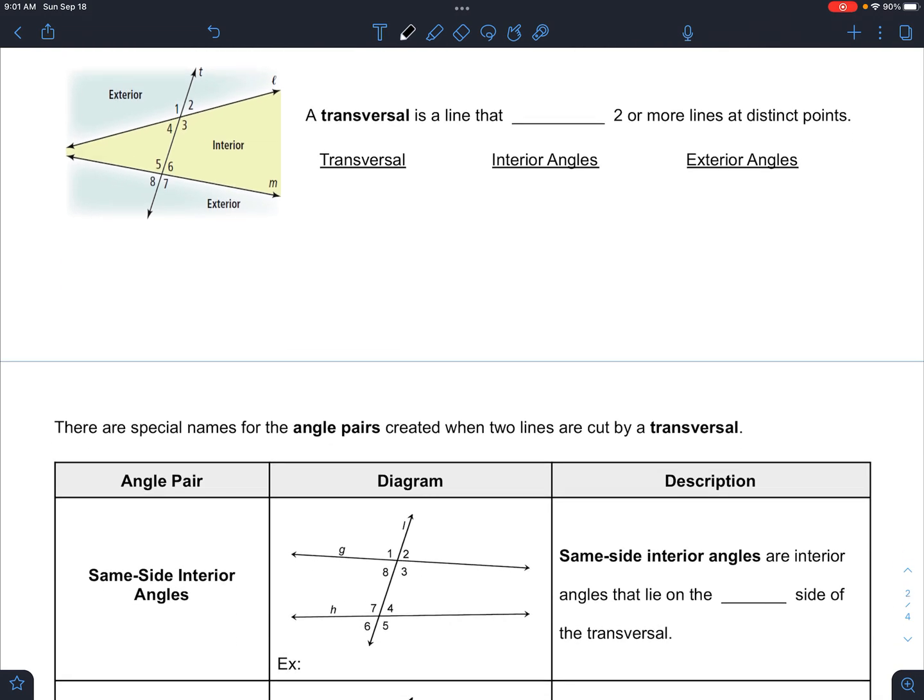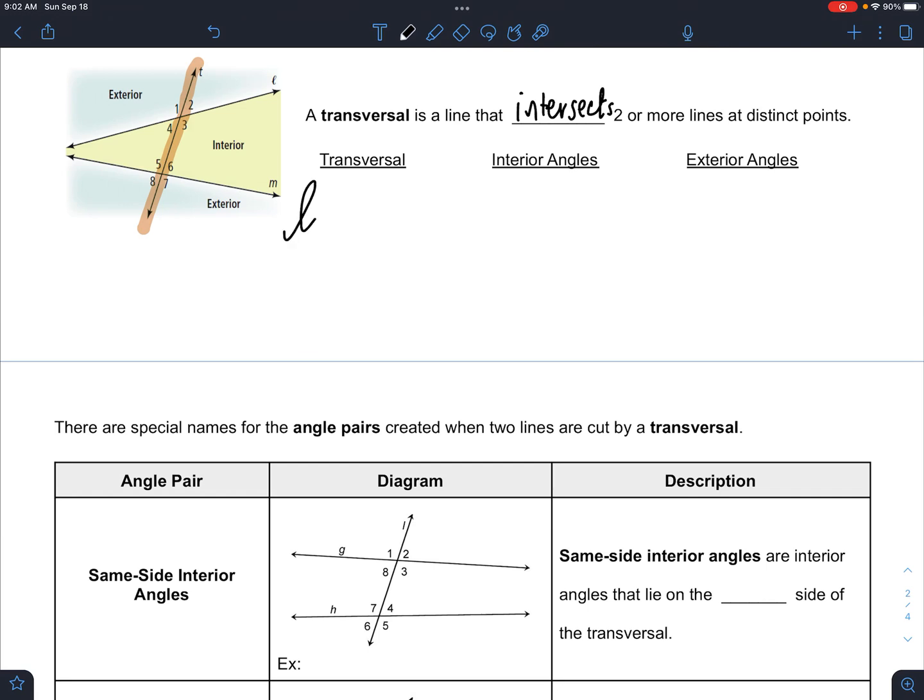Okay. So a transversal is this thing. It is a line that intersects 2 or more lines at distinct points. Distinct means that 1, they're visible, and 2 is knowing that they're labeled as well.